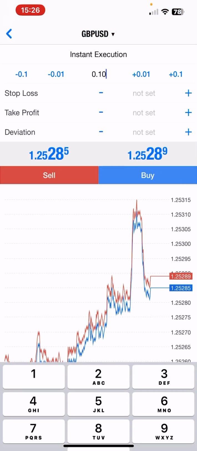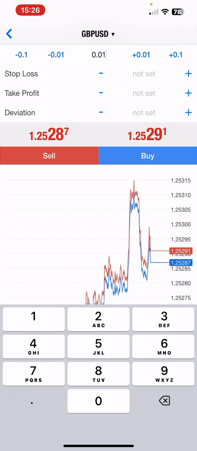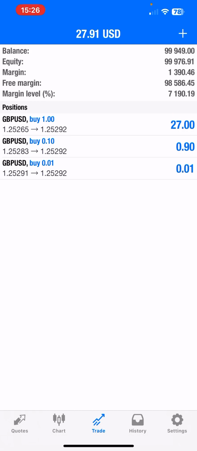If you take the third type of order, the mini lot size, which is the last one, you have 0.01 and you buy. In this one, if price moves in your direction by one pip, you're making 1 cent.